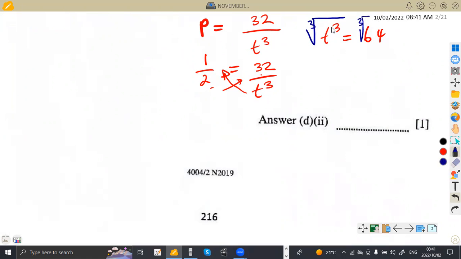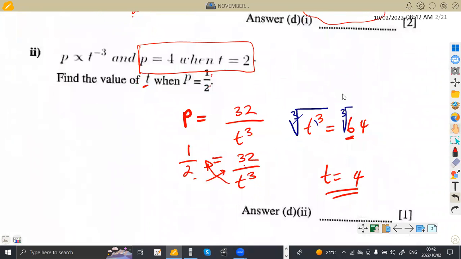The opposite of the power that you have is 3. So that means you can have the value of t, which is the cube root of 64, which is 4. This is a number that is multiplying itself 3 times, so that it gives us 64. Which number is that one? That is 4.